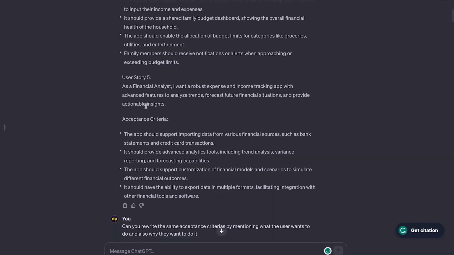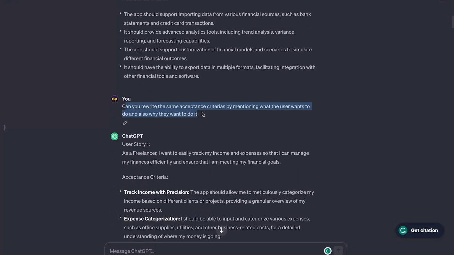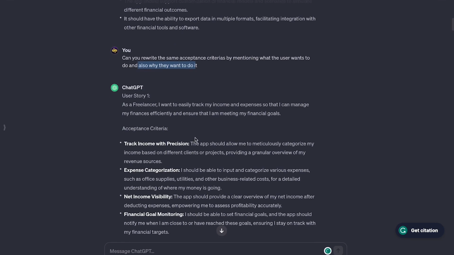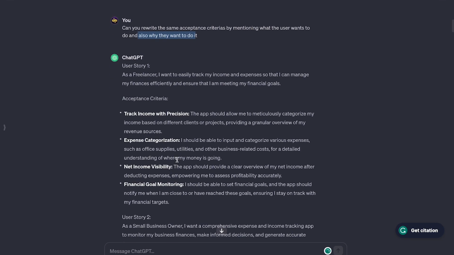So what I did is I just went ahead and rewrote the question and I said, can you rewrite the same acceptance criteria by mentioning what the user wants to do and also why they want to do it? All right. And then we got a little bit more clarity. So here things started to make a little bit more sense. So again, it's the same freelancer. Now, essentially, I don't care who the person is. It is basically what they want to do.